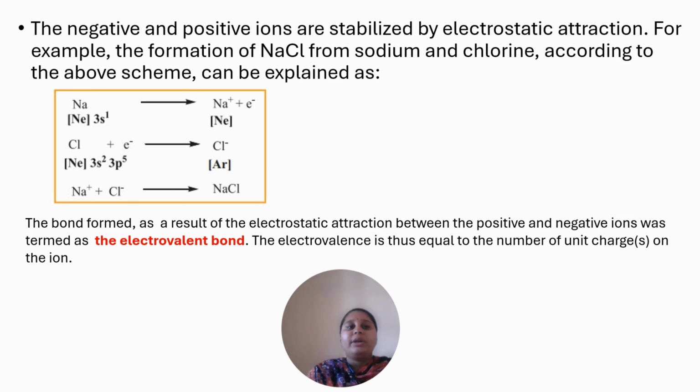So the next is the covalent bond. When two atoms each share one pair of electrons with each other, they are joined by a covalent bond. If there is one bond, it is called a single covalent bond. In many compounds, we have multiple bonds between atoms.